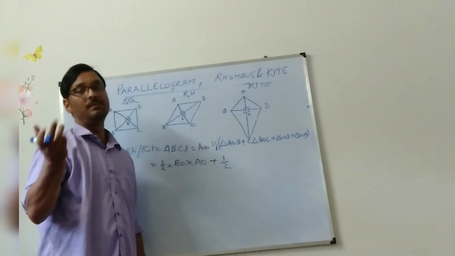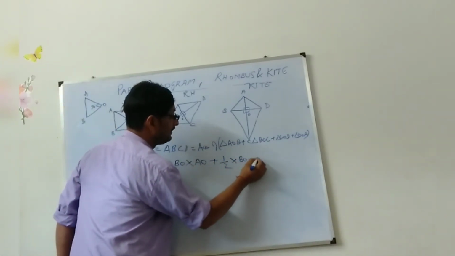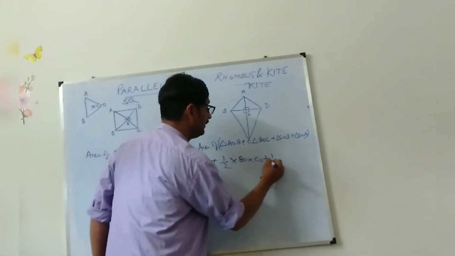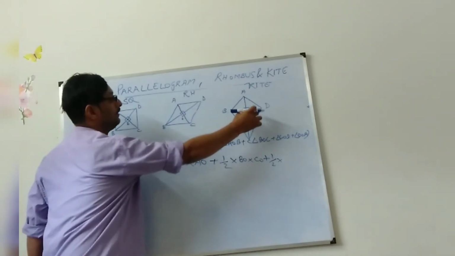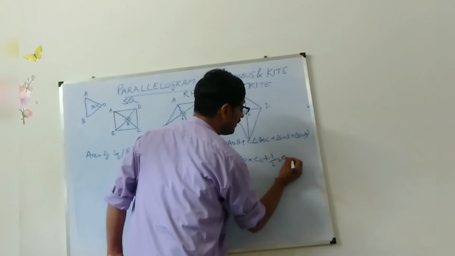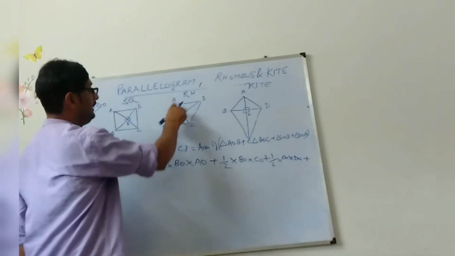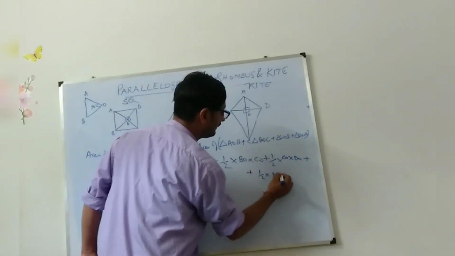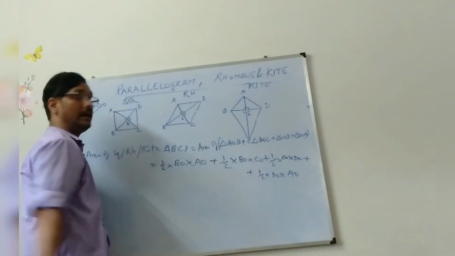If you are taking BO as base, then CO will be height. In COD, if you are taking CO as base, then DO will be height. In DOA, if you are taking DO as base, then AO will be height.